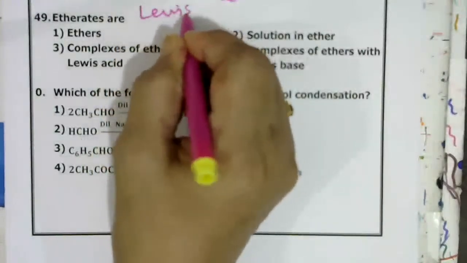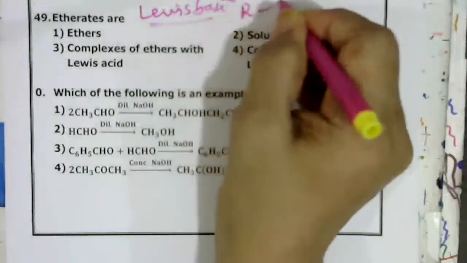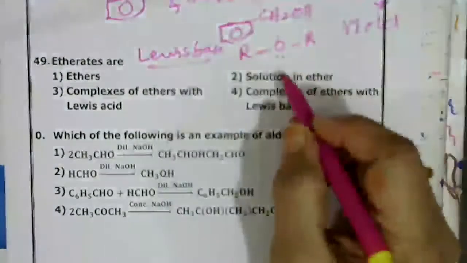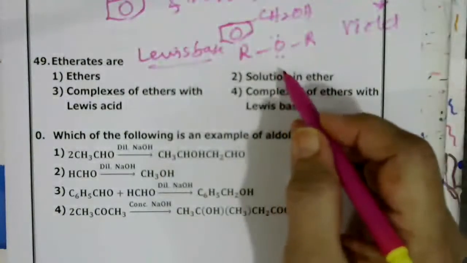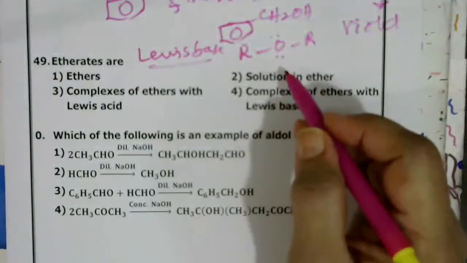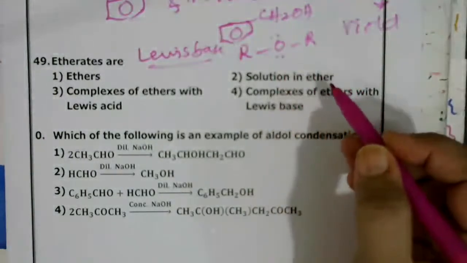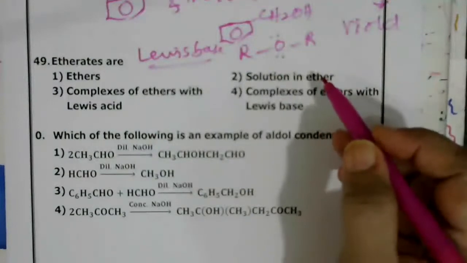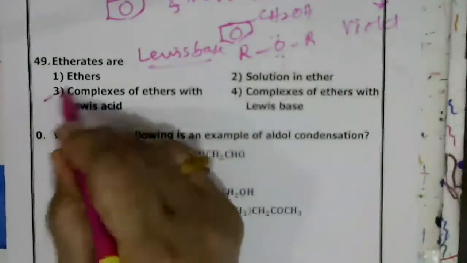Remember one thing, ethers are Lewis bases, because in R-O-R the oxygen contains a lone pair of electrons, so it acts as a Lewis base. Therefore, etherates are the complexes of ether with Lewis acid.